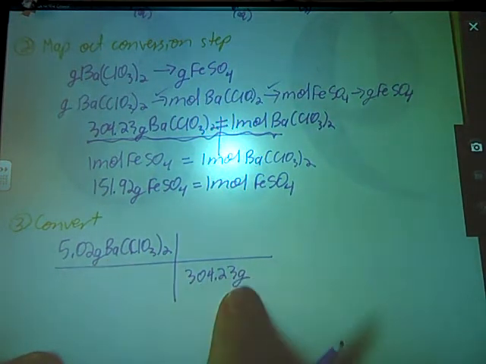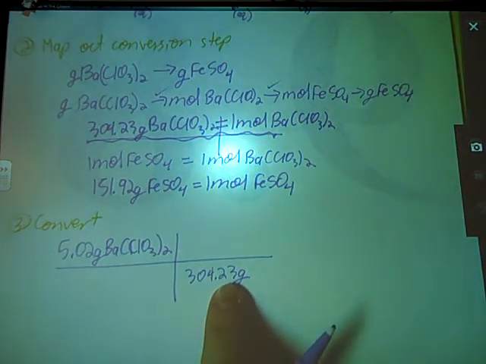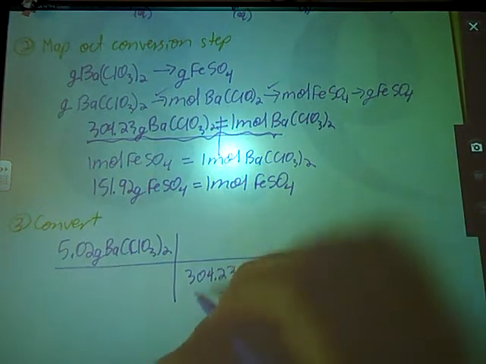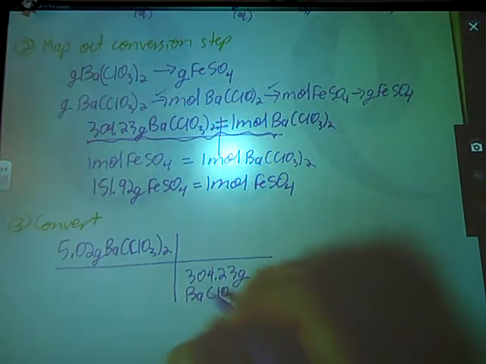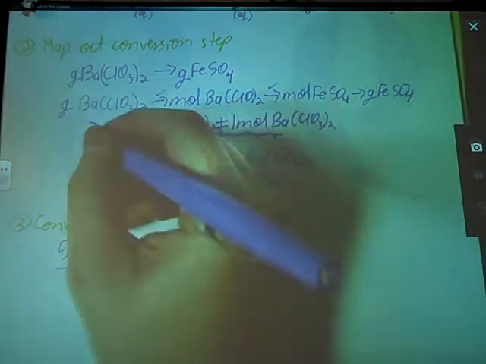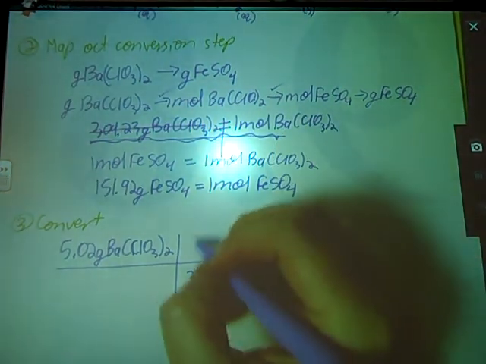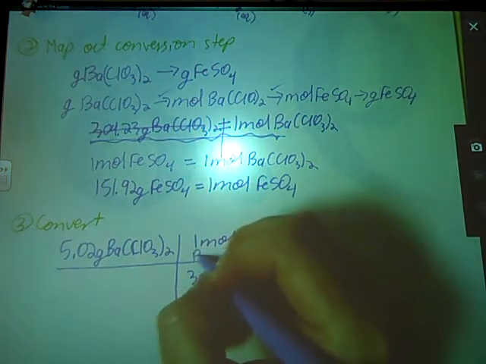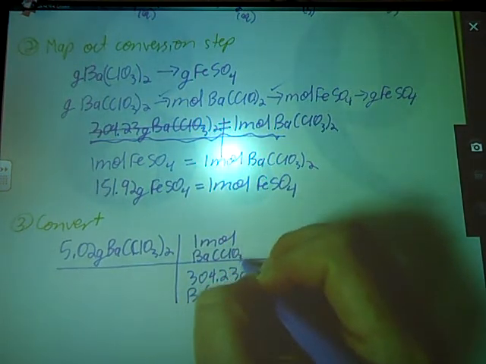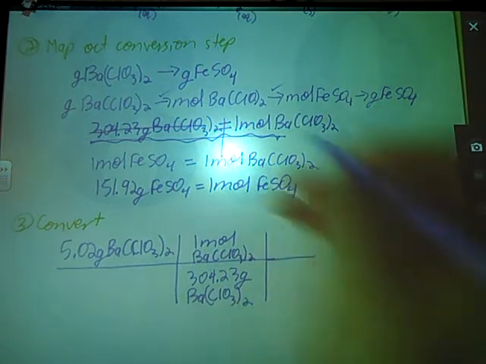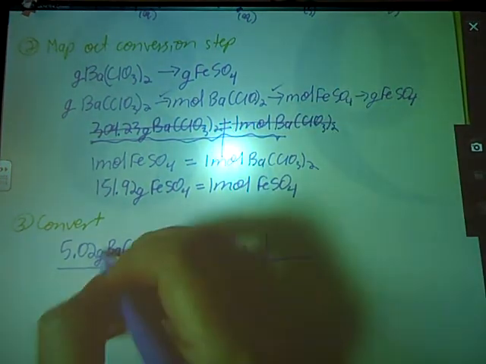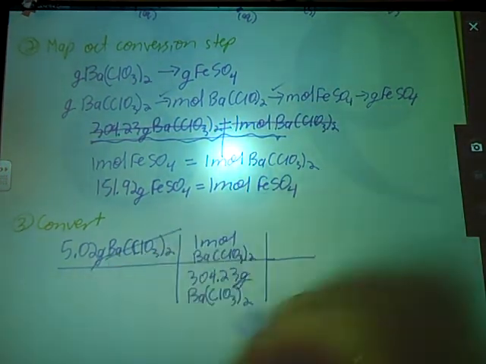So anytime you write something catty corner like this, you're wanting it to cancel. If it doesn't cancel, you've done something kind of hinky. Go back and check it out. Takes care of that piece. Other half has to go on top. Grams cancel. Barium chlorate cancels.